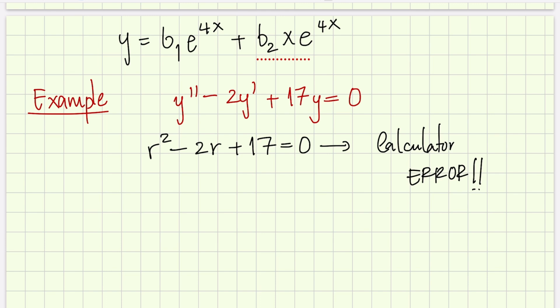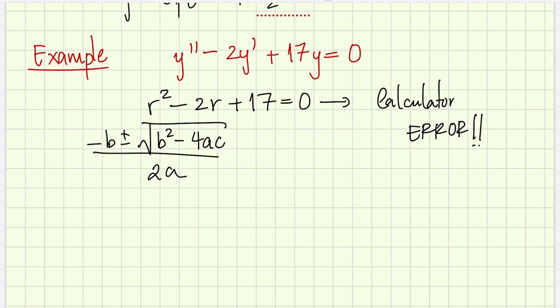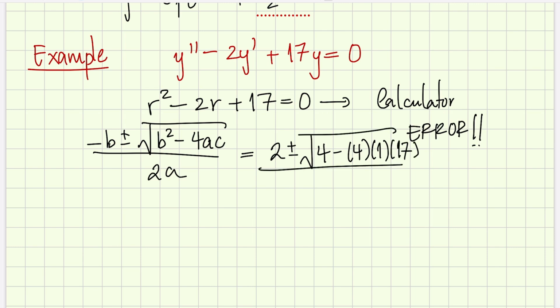I have to go to my formula, which is negative b plus or minus square root of b squared minus 4ac over 2a. Substitution gives me 2 plus or minus square root 4 minus 4 times 1 times 17, all over 2.